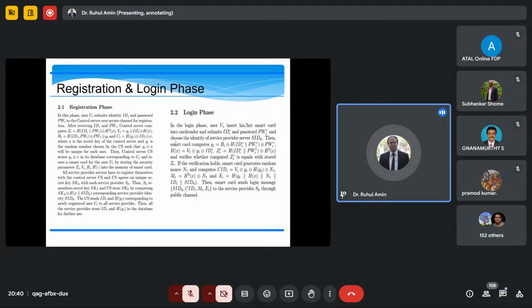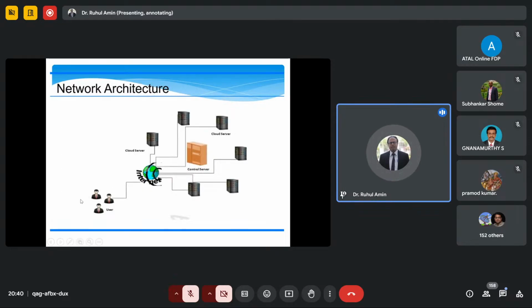The important thing is that first the user has to complete the registration phase with the cloud control server, and during the registration some information will be stored in the control server. As the cloud will give the services to the user, the control server will also store some information of the cloud server, right?